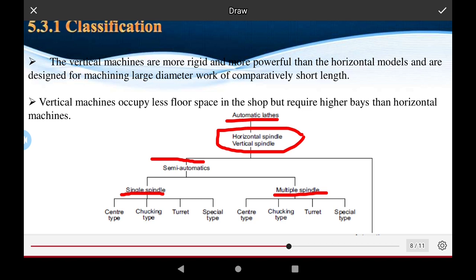First part is the center type machine, which performs work only for centers. Okay, and the chucking type machine is part of the chucking form, meaning the machine performs only for the chucking form. Okay, and second the turret.